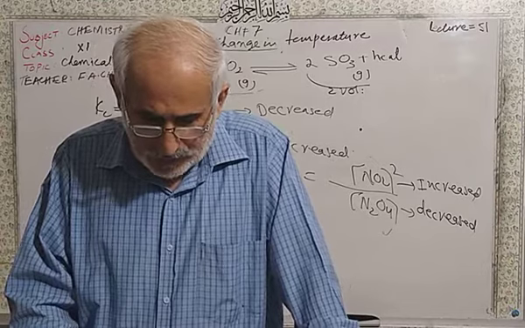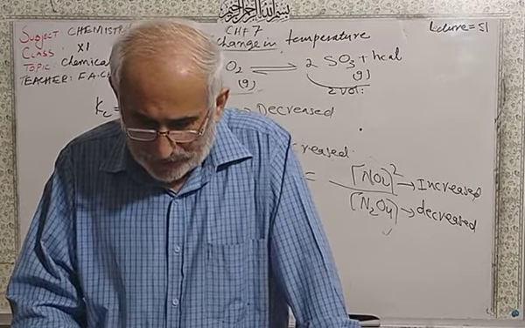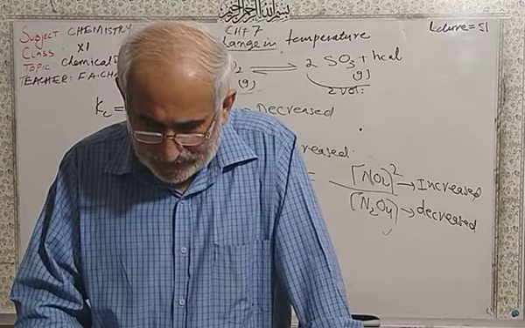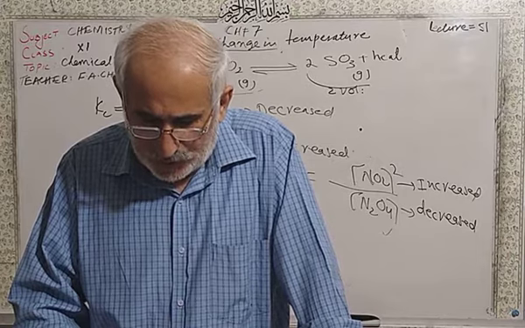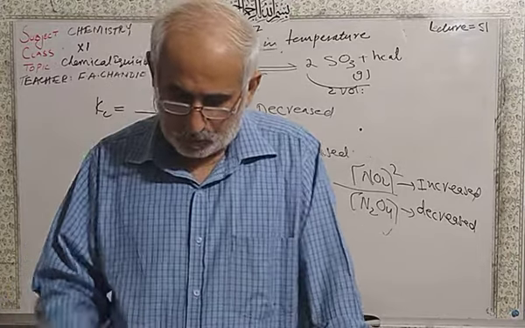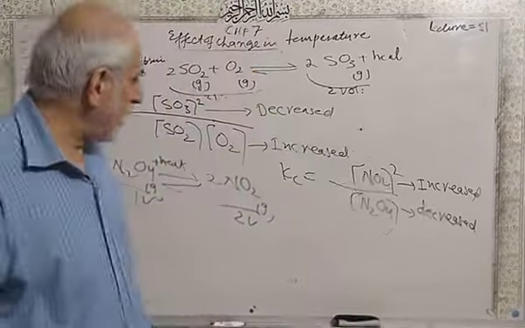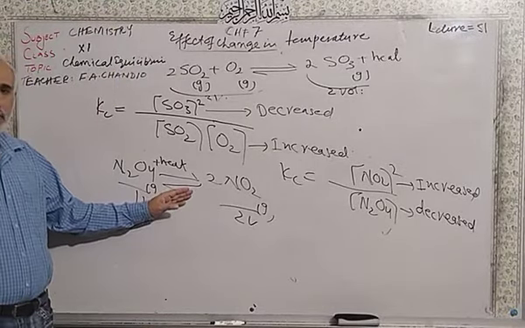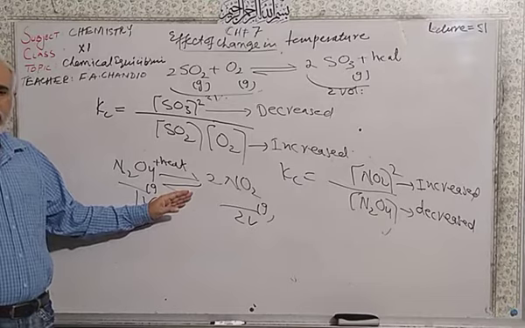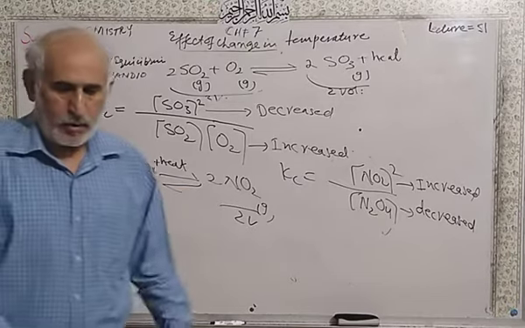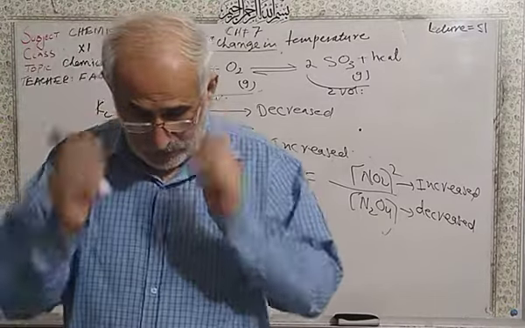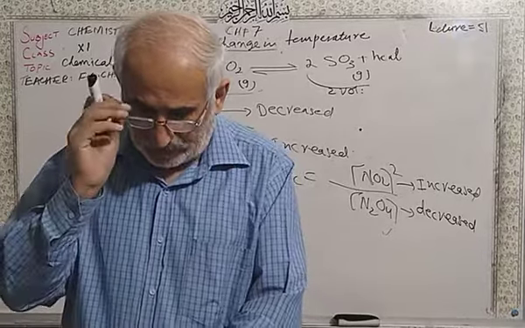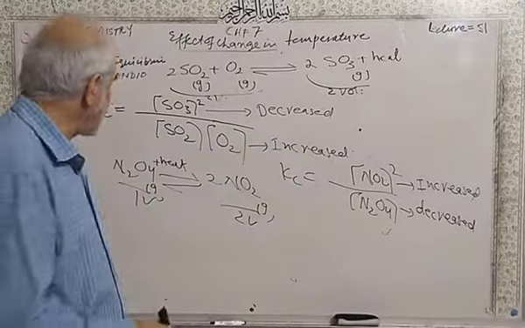The Kc value at 0 degrees centigrade is 7.7 into 10 raised to the power minus 5. At low temperature, the Kc value is 10 raised to the power minus 5, less.